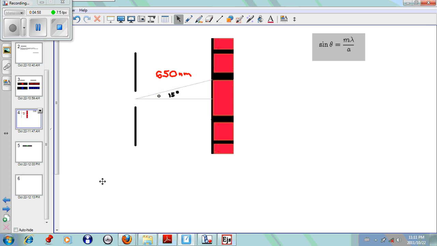It's important to realize that the slit has a symbol which we use in an equation, and in this case the slit is described as A. The important equation that we have to know is sine theta equals m lambda over A. The slit has the symbol A. The width of the slit is A.